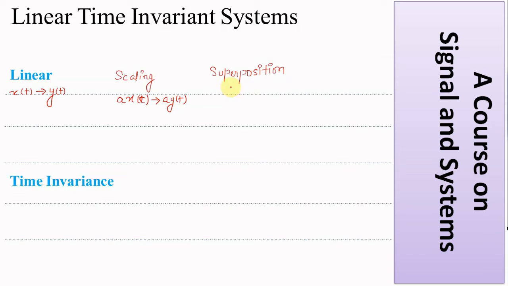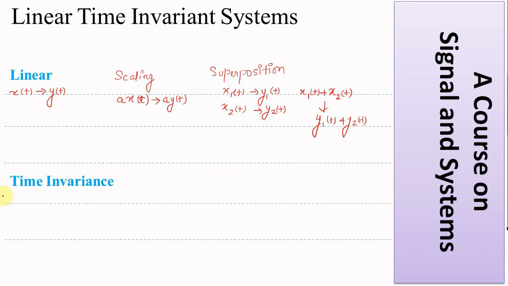Similarly, if for x1(t) I get y1(t), and for x2(t) I get y2(t), then if I apply x1(t) plus x2(t), the system shall give me y1(t) plus y2(t). When these two properties are fulfilled simultaneously, then I say that the system is linear.